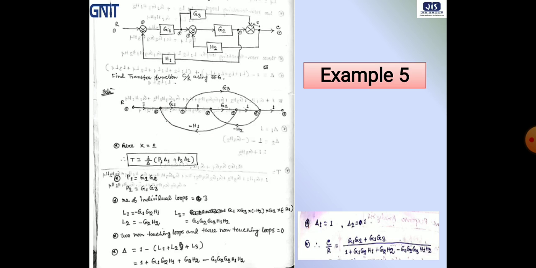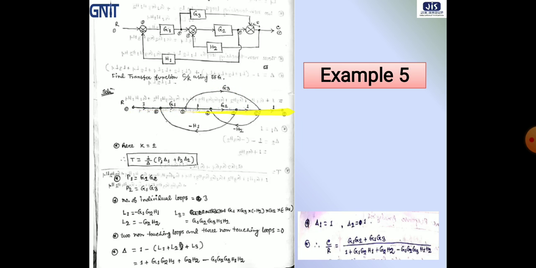Now before applying Mason's gain formula, we have to calculate the number of forward paths. Now what will be the number of forward paths? Here two forward paths are there.